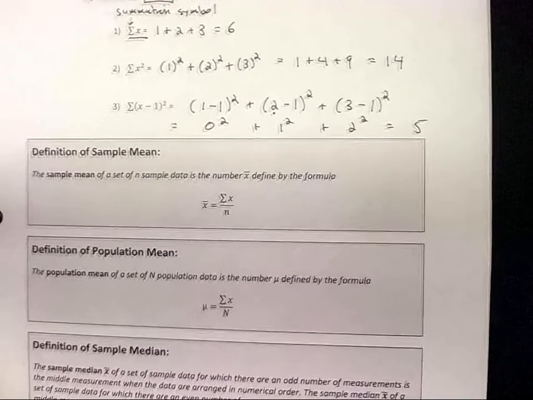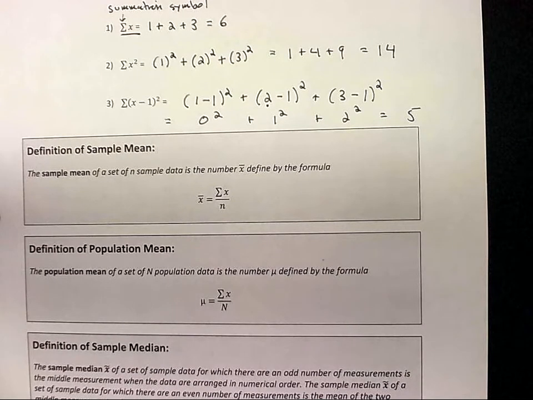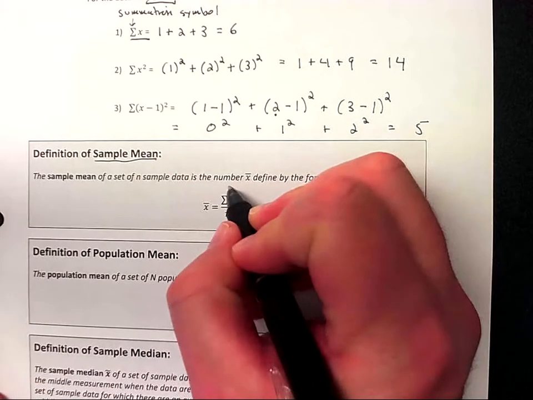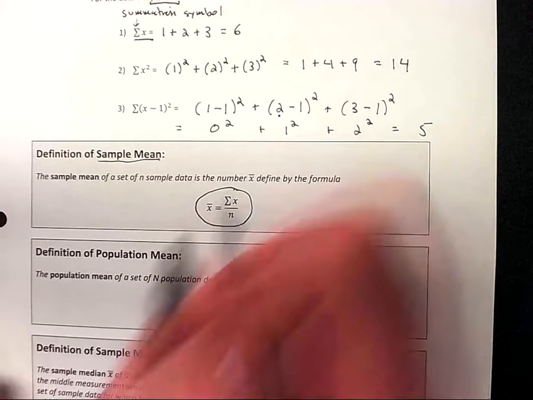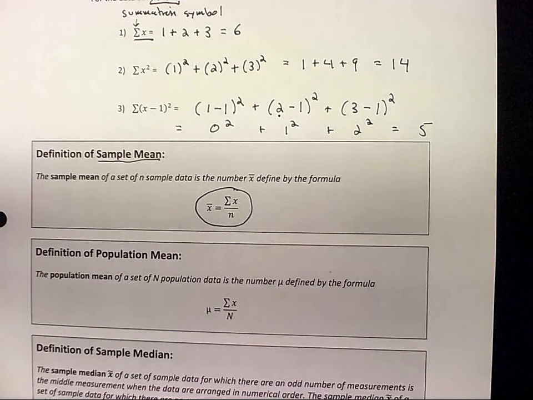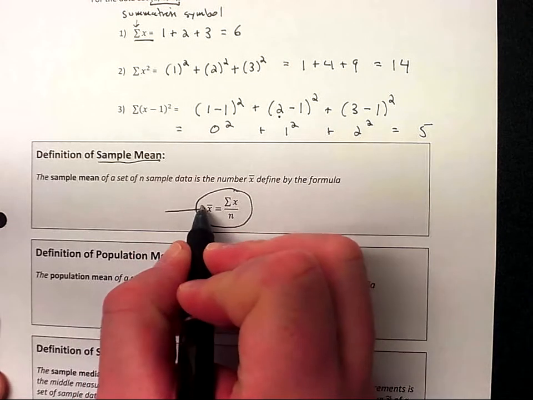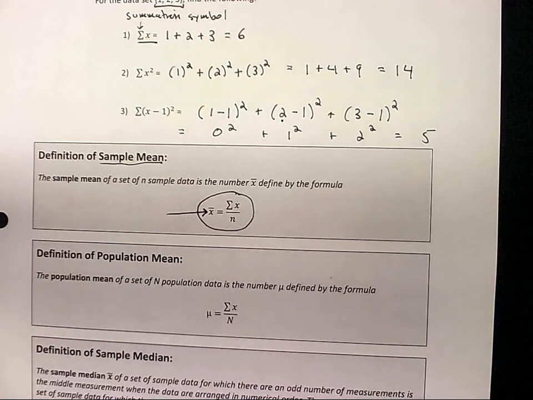All right. So our first formula that we're going to look at is the definition of a sample mean. This right here is our formula for the sample mean. And really, really importantly, x bar is the symbol for the sample mean.